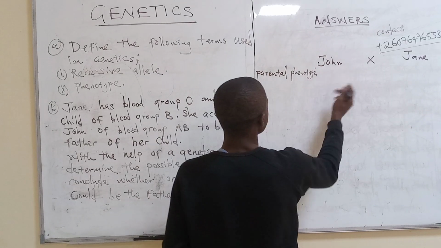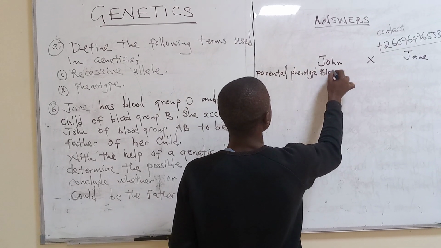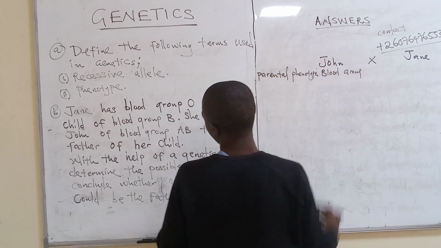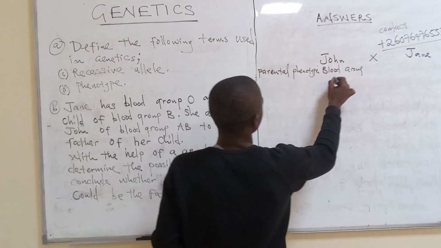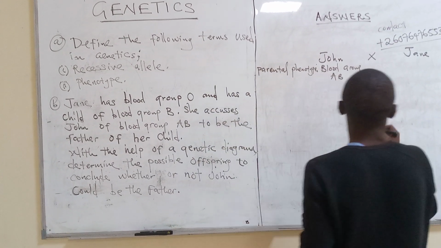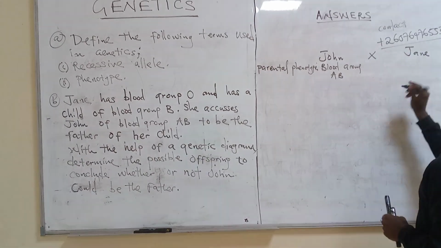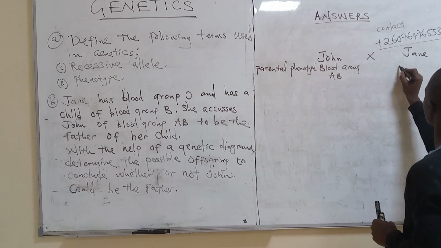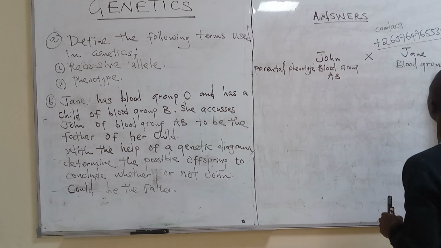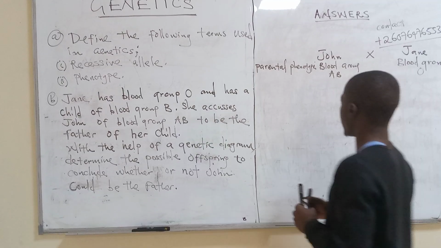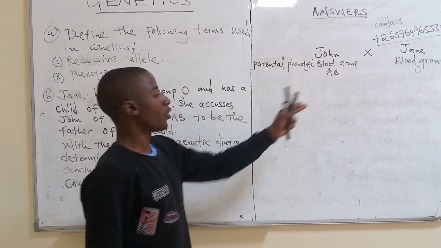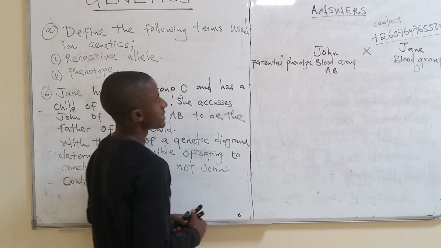So this John has blood group AB. That is what the question is saying. And then blood group AB was crossed with the phenotype of Jane, that was blood group O. So now from here you have stated the phenotype of those two parents.